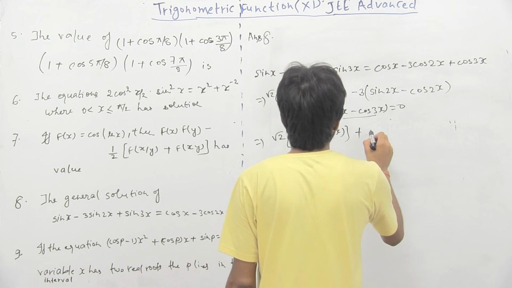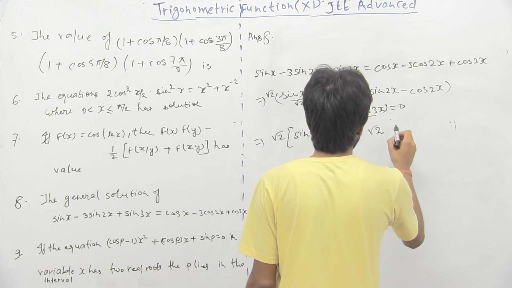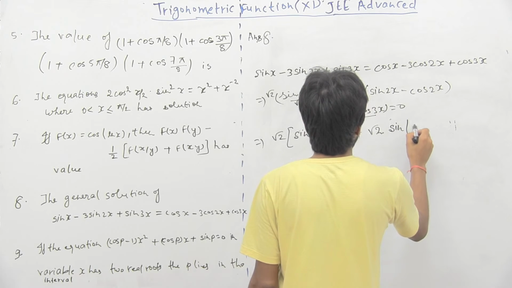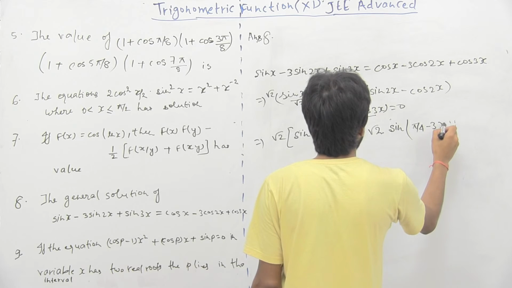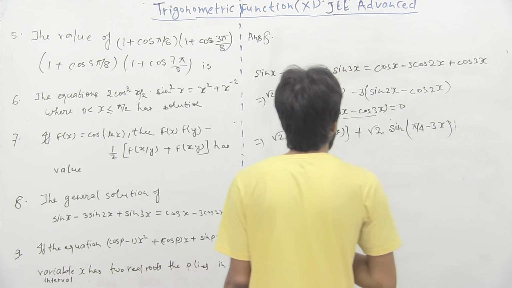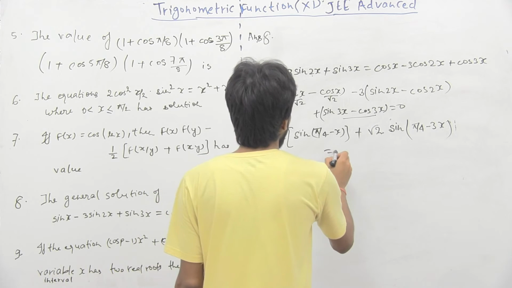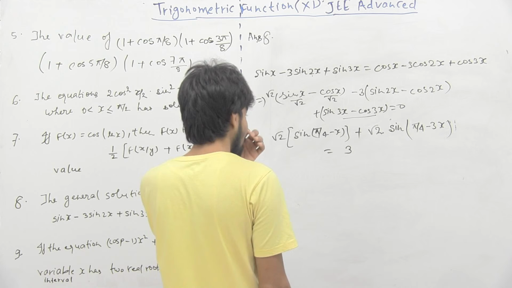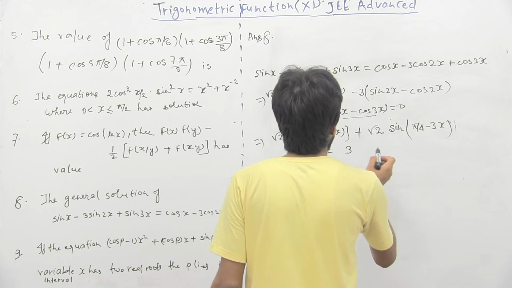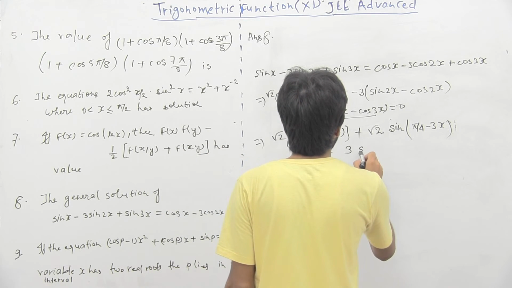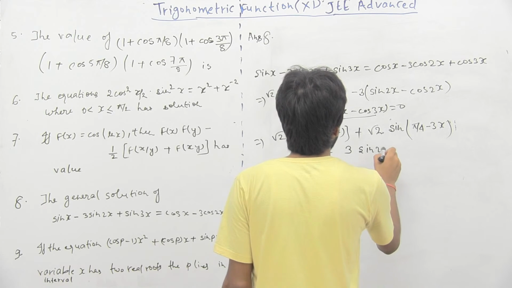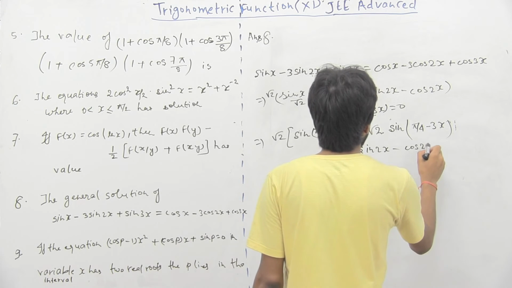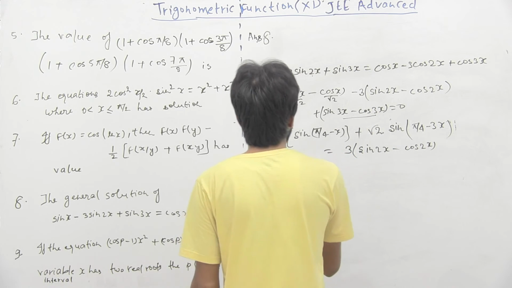Find the value of this term: root 2 into sine (pi by 4 minus 3x), and in RHS we will have 3 sine 2x minus cos 2x.